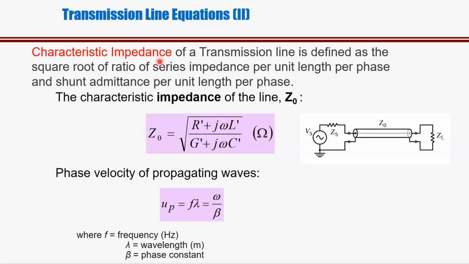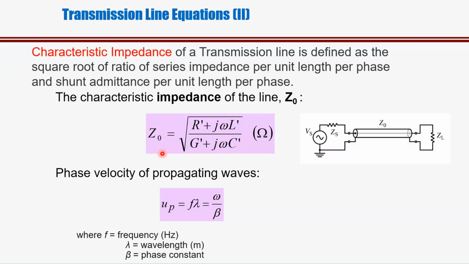So let us define it. Characteristic impedance of a transmission line is defined as the square root of the ratio of series impedance per unit length per phase and shunt admittance per unit length per phase. It is indicated by Z naught.